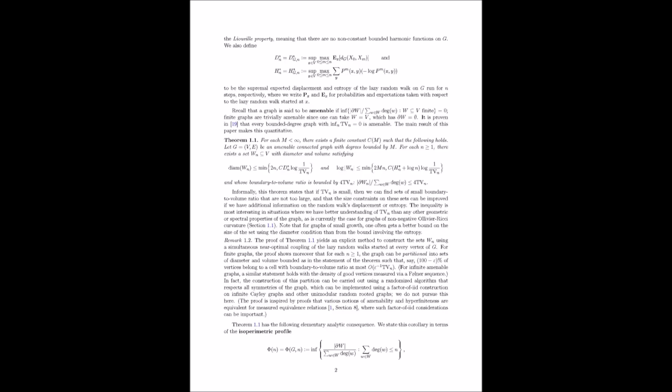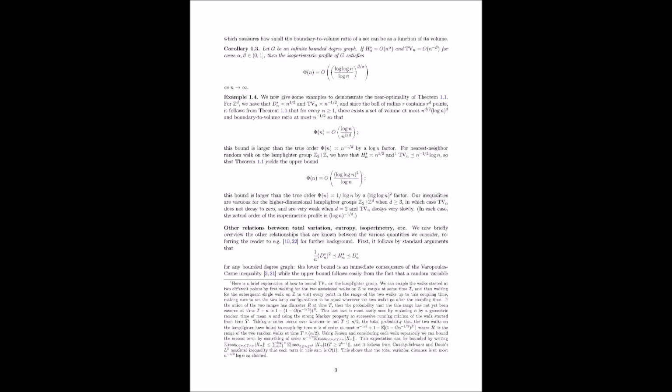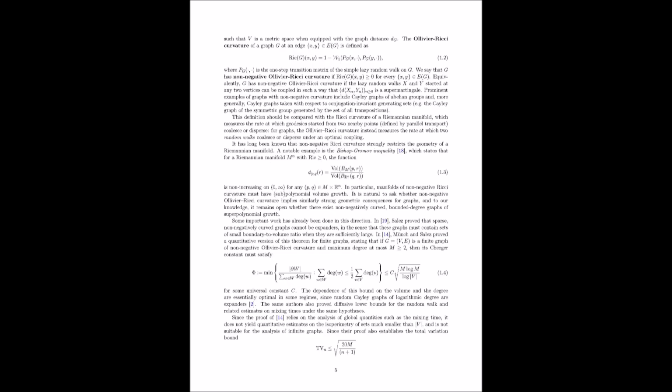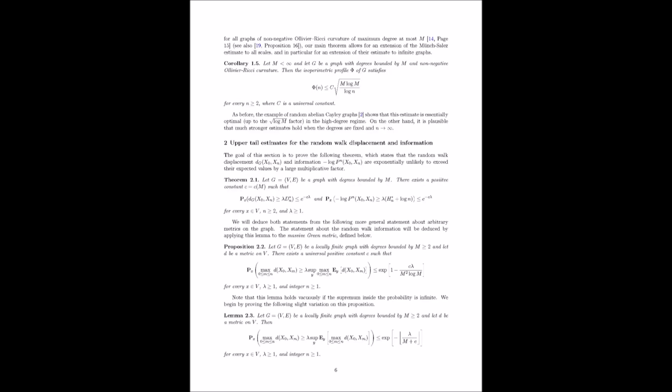Fascinating. So this coupling acts like a guide, leading us to the sets that have these desirable isoperimetric properties. Can you elaborate a bit more on how this grouping works? Well, the paper formalizes this grouping process using the concept of a random equivalence relation. It basically defines a rule for deciding whether two vertices belong to the same group, or equivalence class, based on the behavior of the coupled random walks.